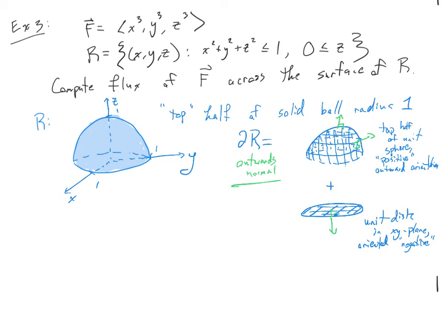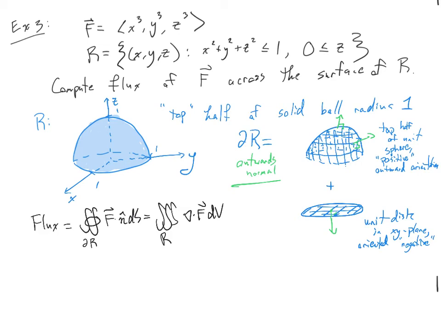But it's always worth checking whether the divergence theorem makes your life easier. So the divergence theorem tells me that the flux, which is this double integral over the boundary of R of f dot n hat dS, is equal to the triple integral over the whole solid region R of the divergence of f dV.